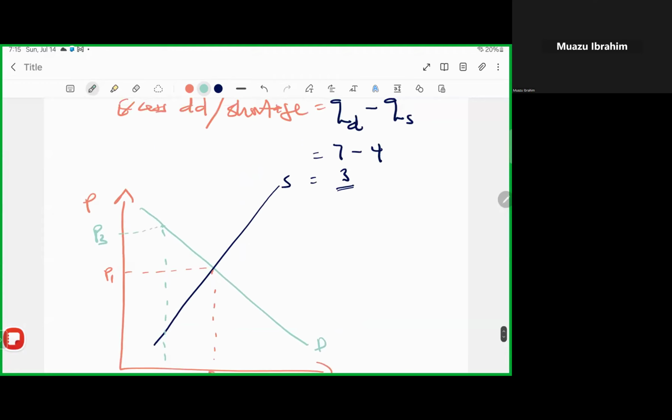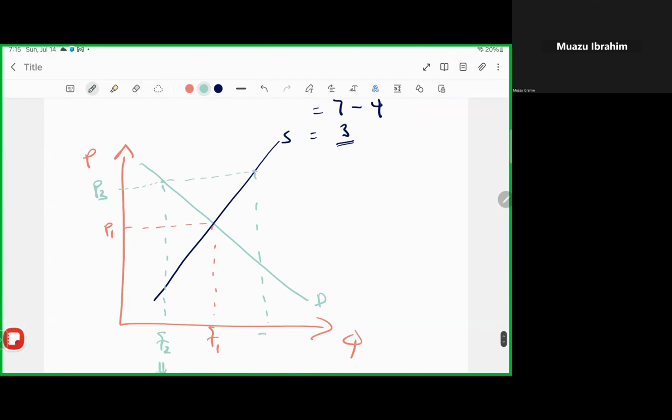And what would be the supply? We trace it again to hit the supply curve, and when you trace it downwards, you have, let's say, Q3.